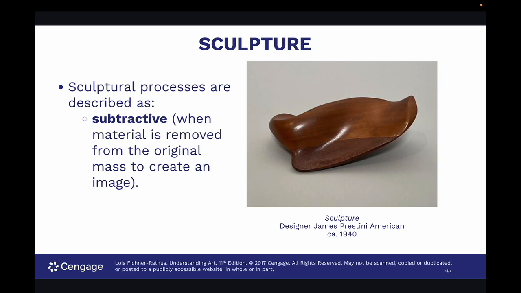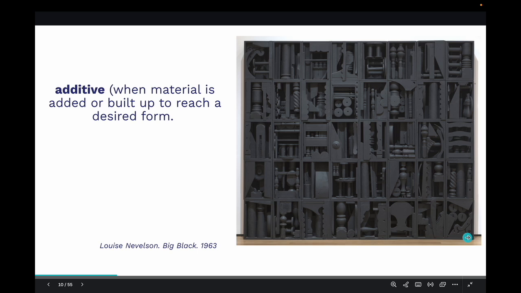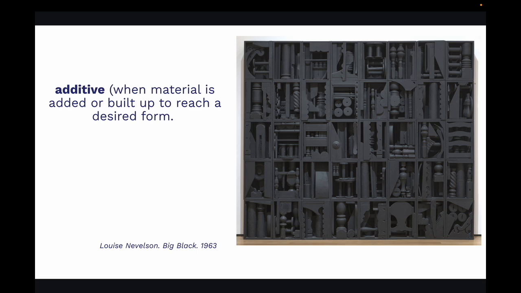So with a wood carving, you have a block of wood or a block of stone, and the sculptor carves pieces away and is left with a form. Additive is sculpture that is formed from building up or adding to reach the desired form. In this particular case, the artist has taken a whole bunch of individual pieces and added them together.